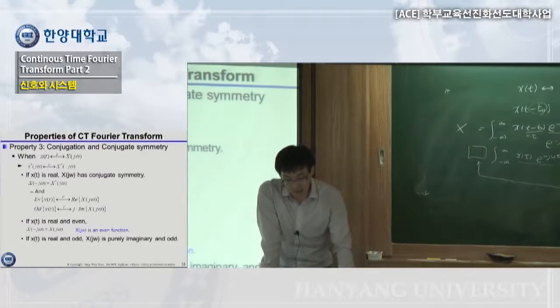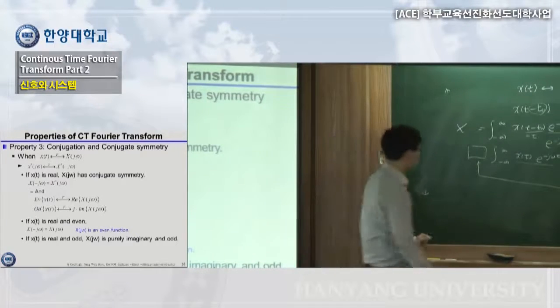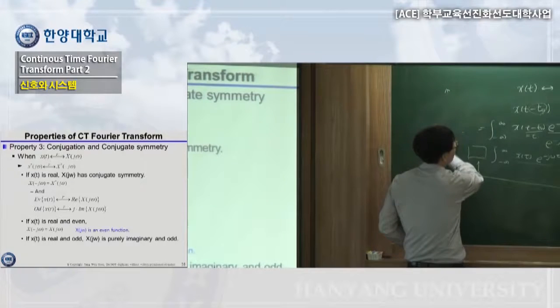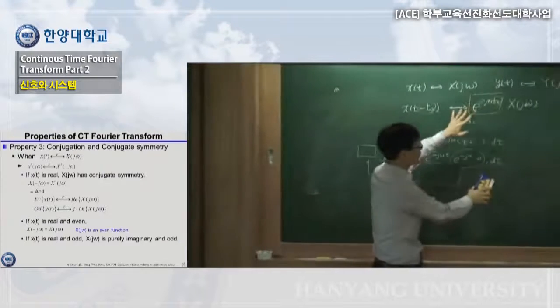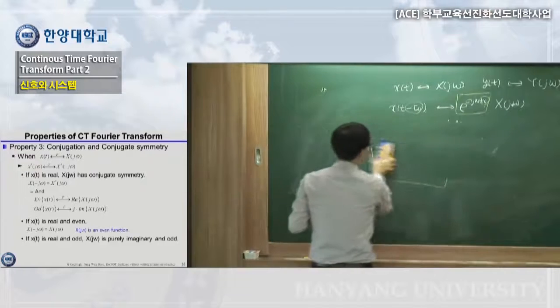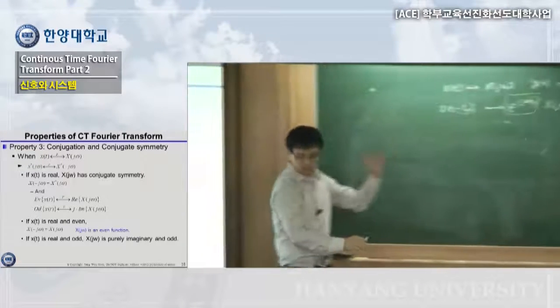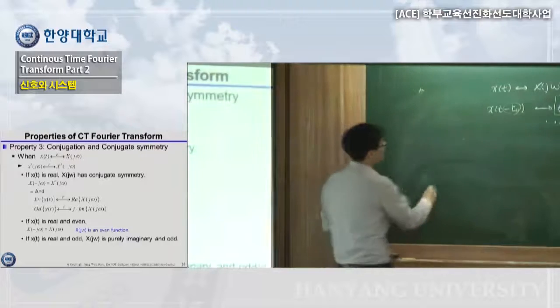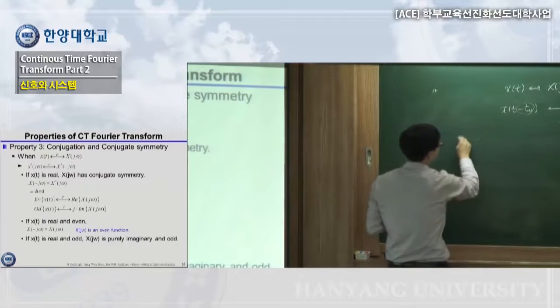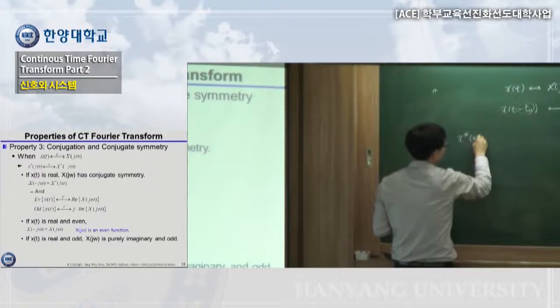And conjugate. I will leave this one for a minute so then we can compare later. Conjugate means if x has this relationship, what happens to x star?